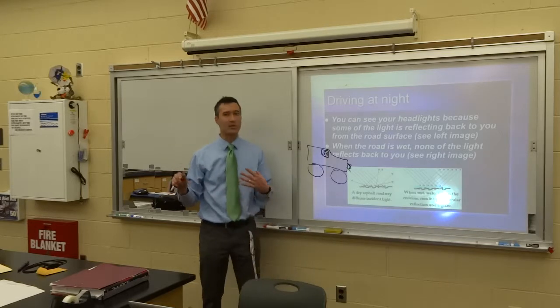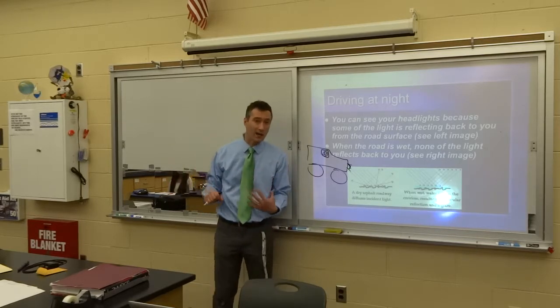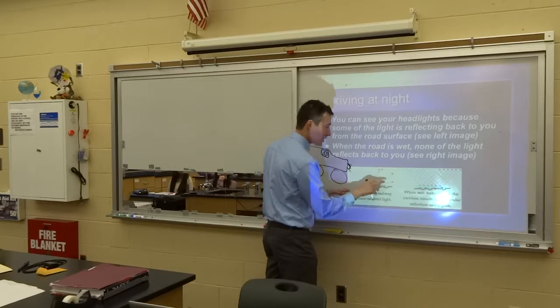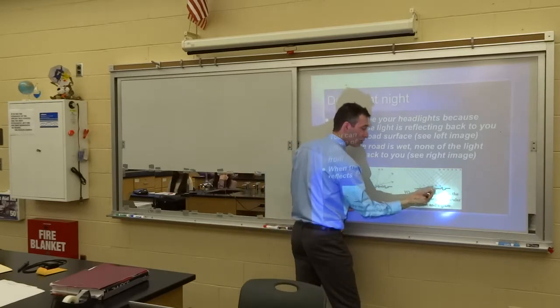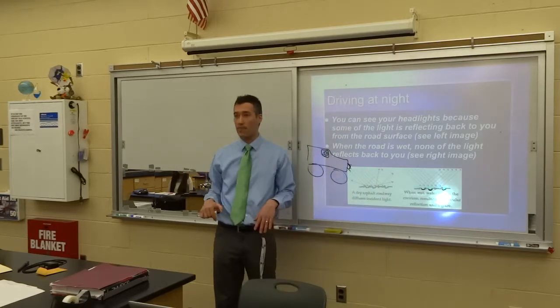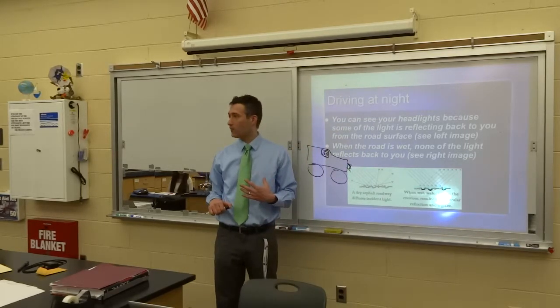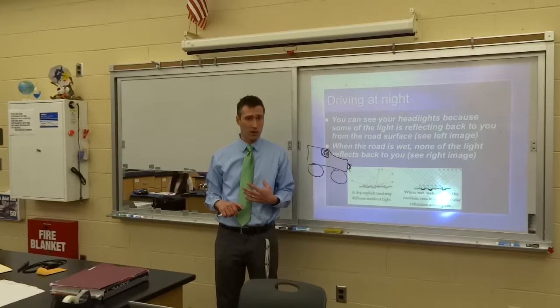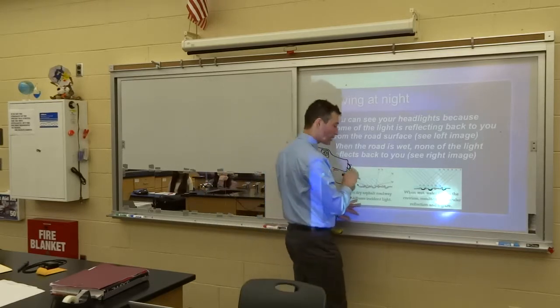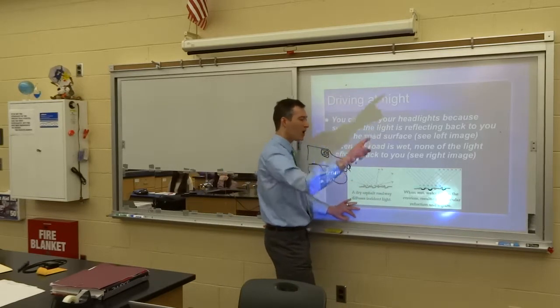And that's what happens if it's raining a lot. Because when it's raining a lot, all these little pits in the asphalt get filled in with water, right? And light can reflect off of water. Some of it refracts into the water, but a lot of it, especially at small angles, will reflect off of the water.